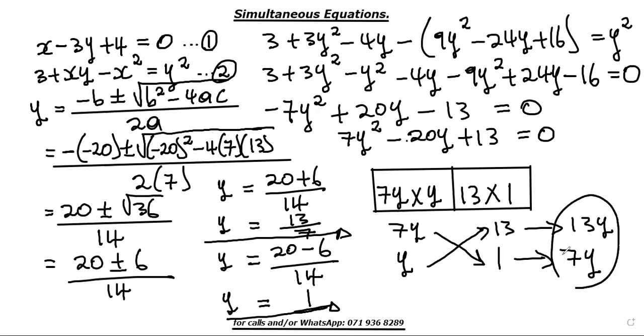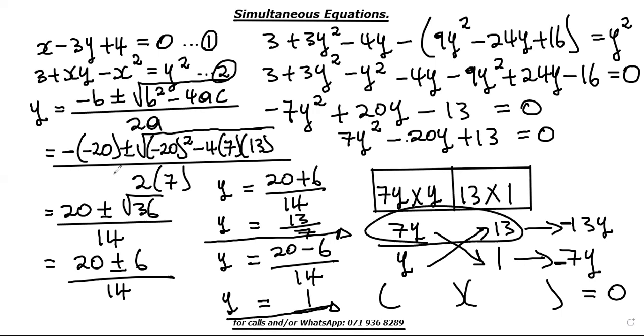Now, what must be the signs of both of these so that they add up to negative 20? Well, both of them have to be negative. Do you see that? Yes, they have to be negative. So then how do we write our factors? Well, you open your two brackets. You say everything equals 0.